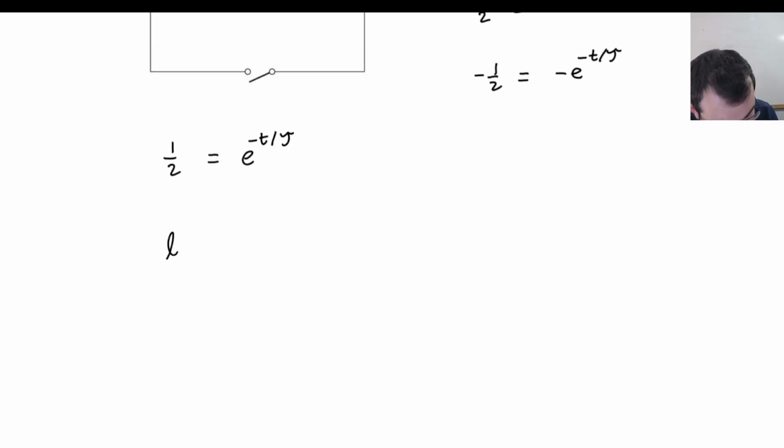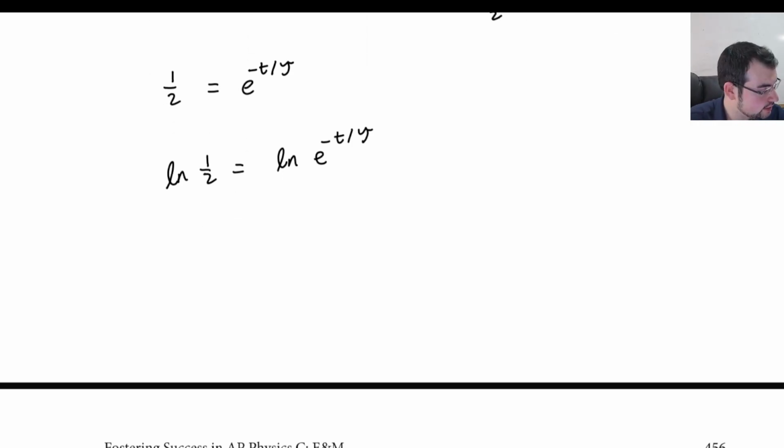And then we take the natural log of both sides. Oh, gotta write my ln on that side. And again, you can only cancel if ln and e touch, which they do. So we can write ln of 1/2 is equal to negative t over tau. Sorry, just negative t over tau. I canceled that.